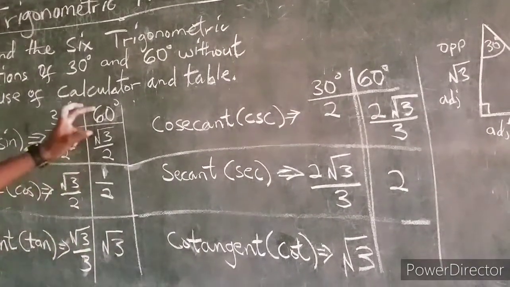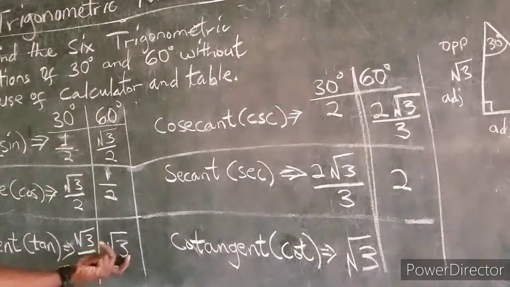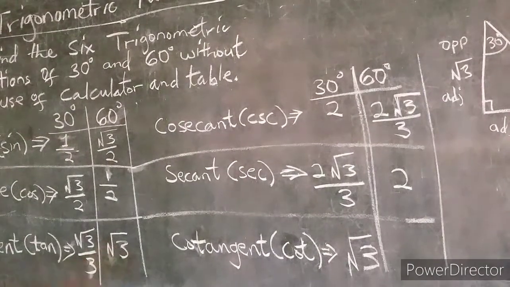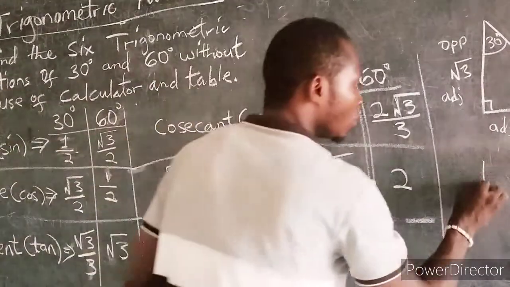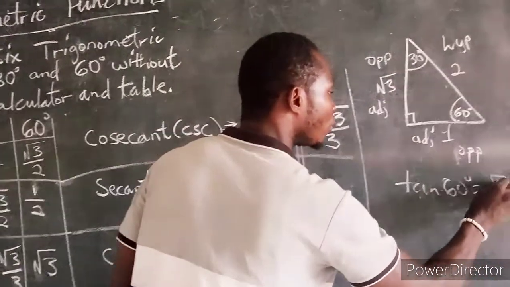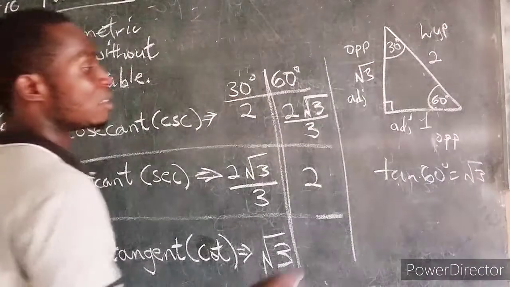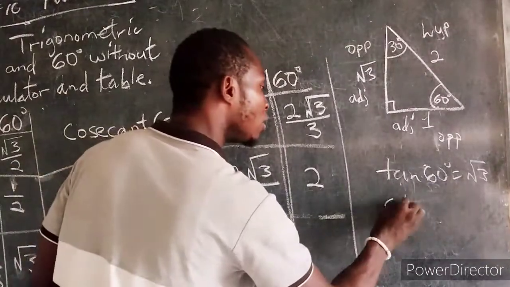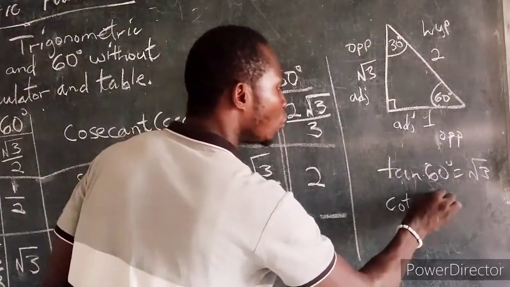So since tangent 60 degree is the square root of 3, this means that cotangent 60 degree will be the opposite of this.